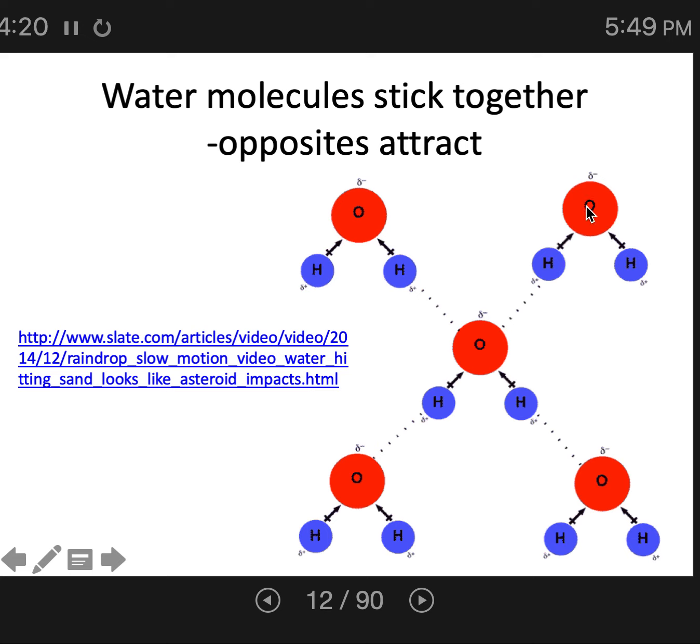That's going to give that oxygen a negative charge, but it's sort of flickering because then the electrons go back to the hydrogen again. So next to this negative symbol you can see a little Greek delta. That symbolizes that it's a partial negative charge. It's not a full negative charge.